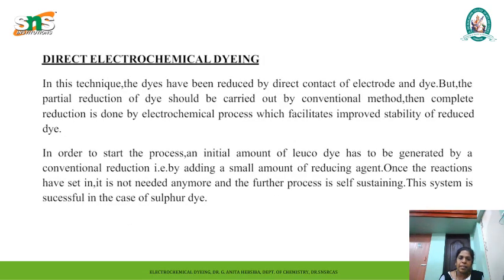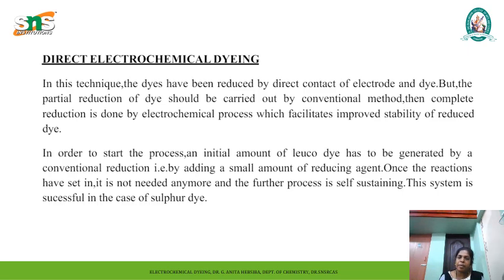In direct electrochemical dyeing, the dyes are reduced by direct contact of electrode and dye. But the partial reduction of the dye should be carried out by the conventional method. Then complete reduction is done by the electrochemical process, which facilitates improved stability of the reduced dye. To start the process, an initial amount of leuco-dye has to be generated by conventional reduction, by adding a small amount of the reducing agent.